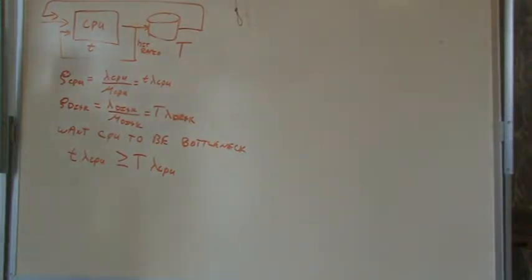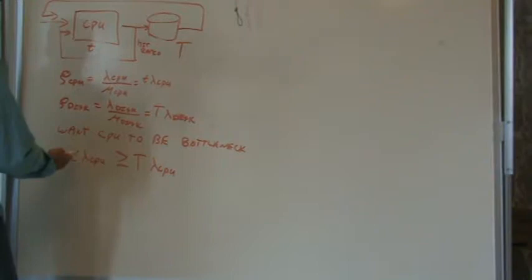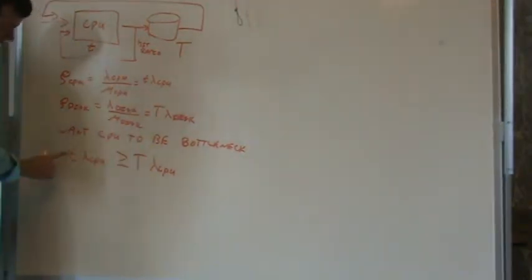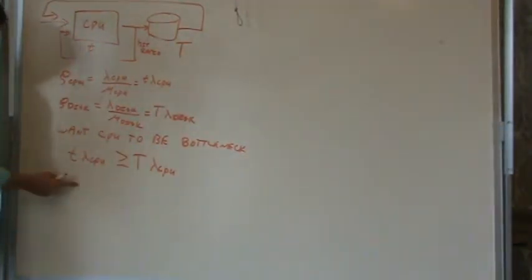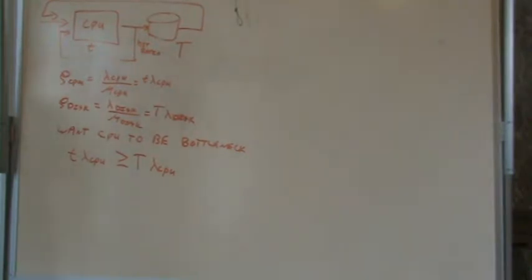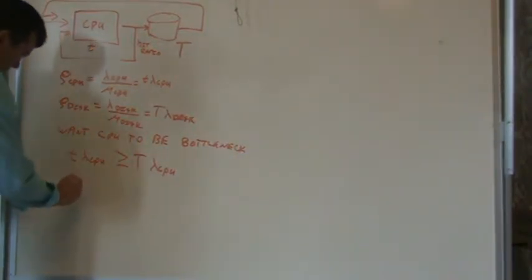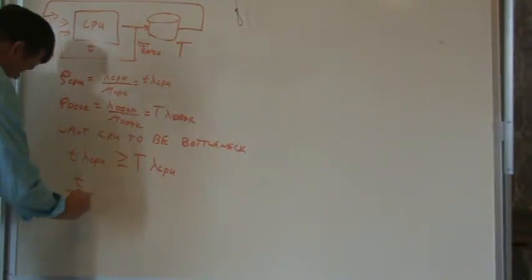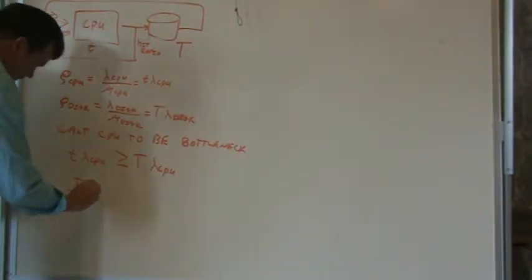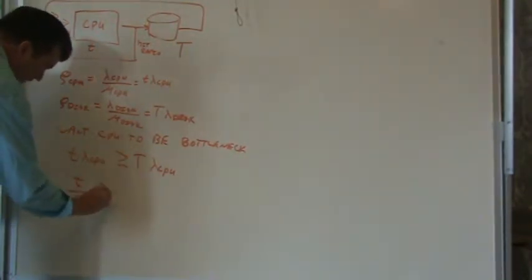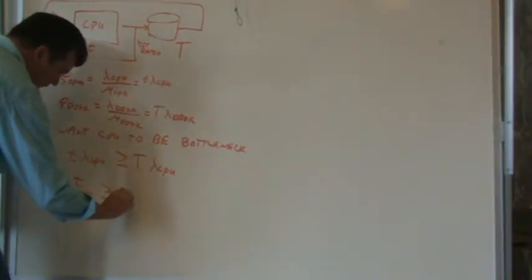This big T is really the reciprocal of mu. So we want the miss ratio to have this property. Then we can say little t divided by big T, and the miss ratios cancel, has to be less than or equal to the miss ratio.